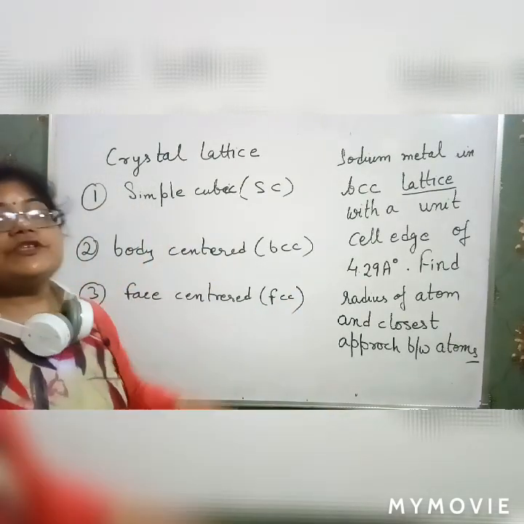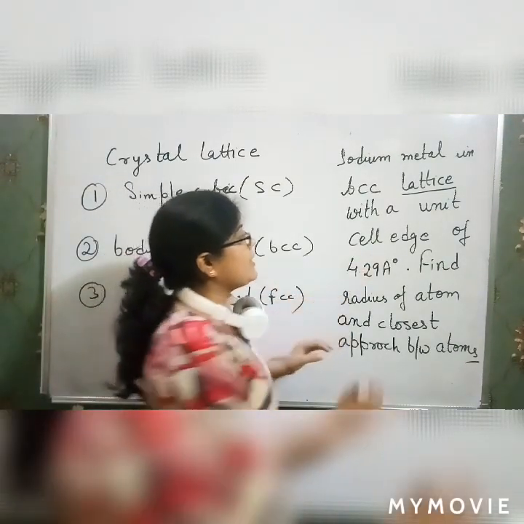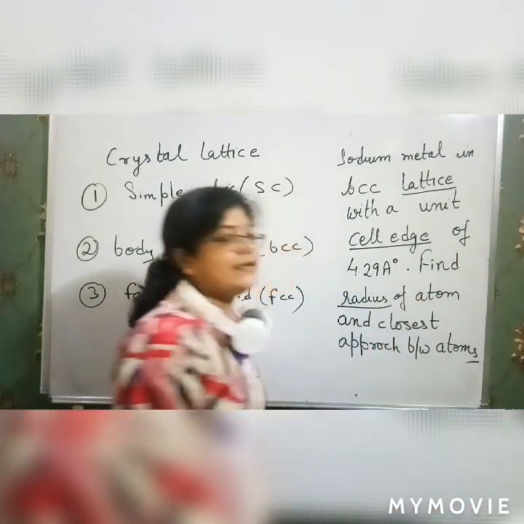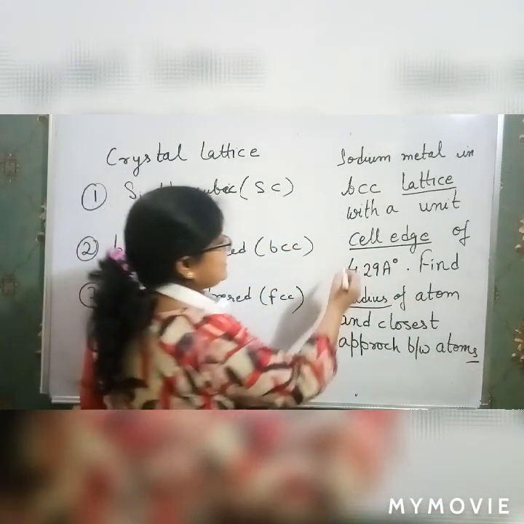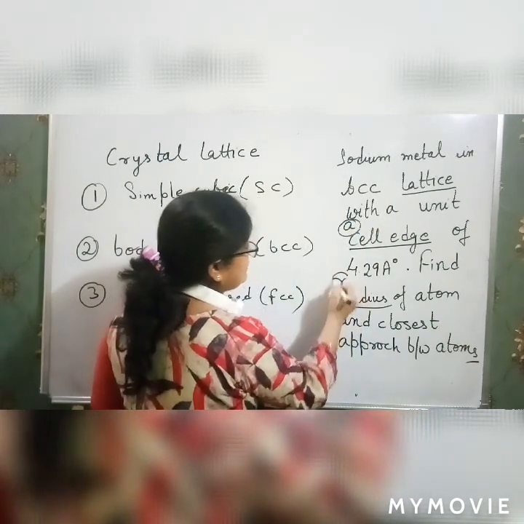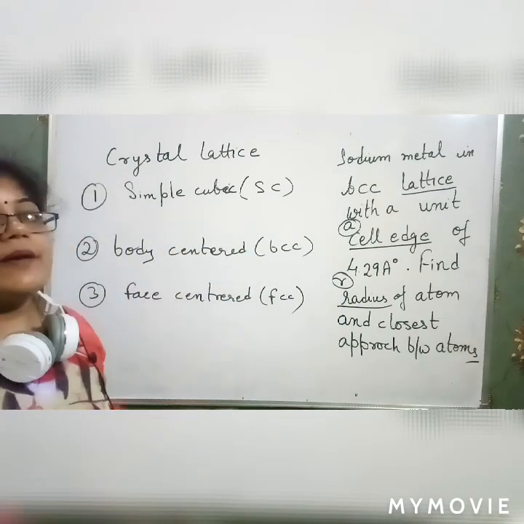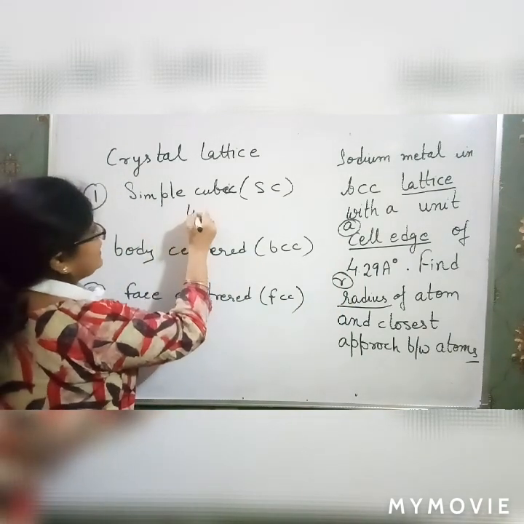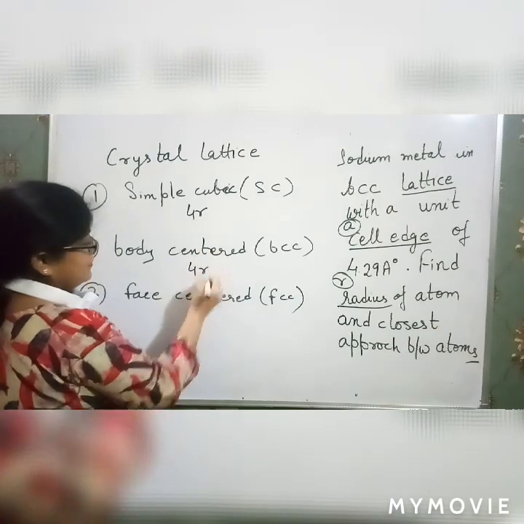Now in this question we have to find the relation between the cell edge and the radius of the atom. If we denote the cell edge with a, and the radius of the atom with r, then how will you remember? You just remember three formulas. Take 4r, 4r, 4r.